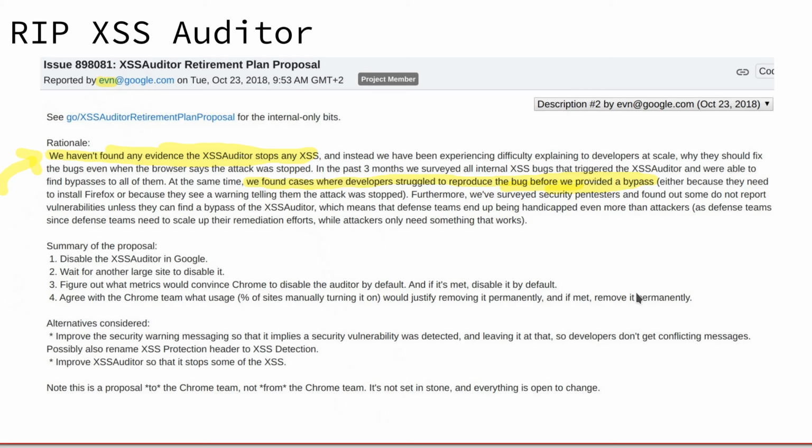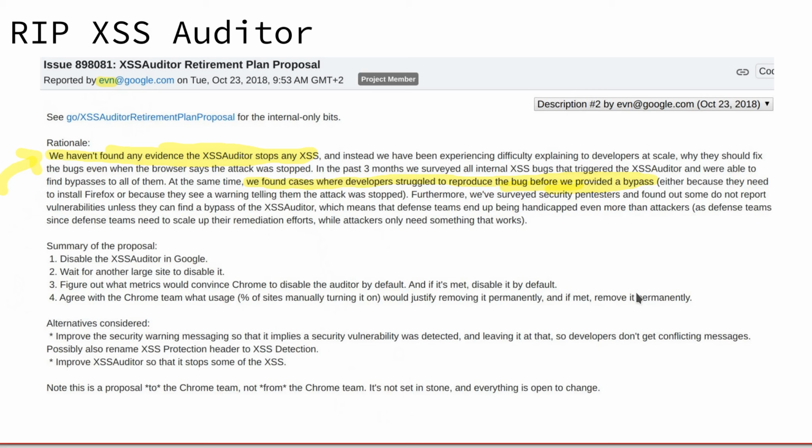The browser has an XSS Auditor, so we don't have to sanitize our input. The browser will fix it for us, and therefore even more websites became vulnerable to cross-site scripting because the developers depended on the XSS Auditor, and the XSS Auditor could always be bypassed.